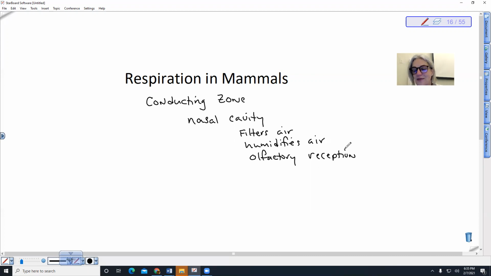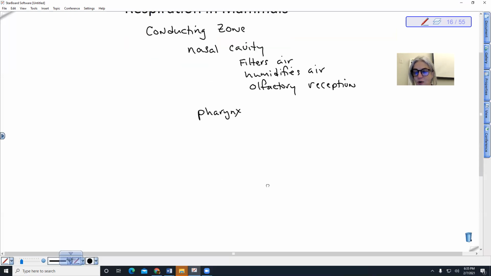So from the nasal cavity, it goes into the pharynx, which is the common opening to the digestive and respiratory systems. From the pharynx, it goes into the glottis. The glottis is actually the opening into the larynx.